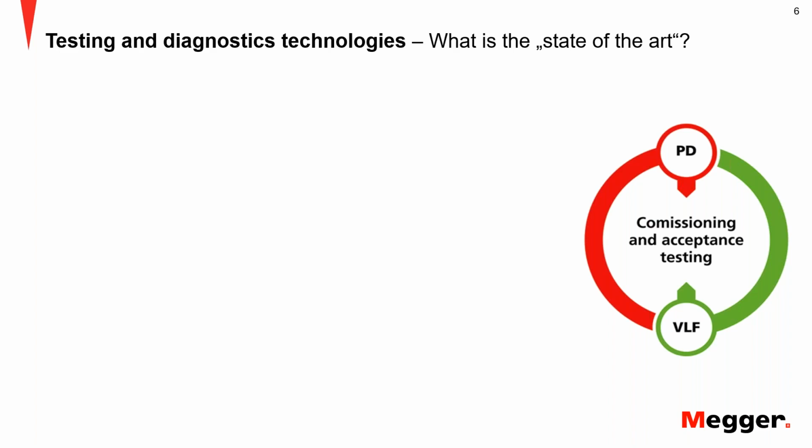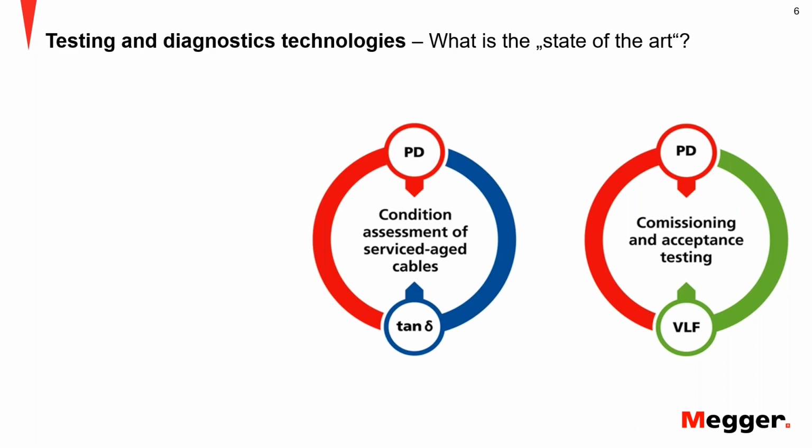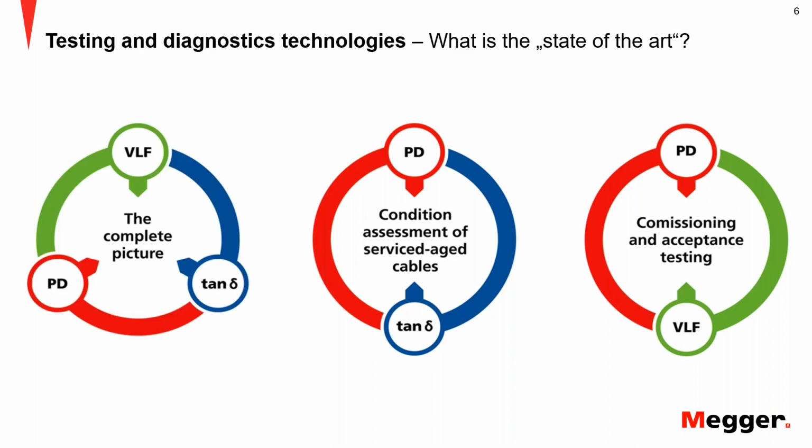Then you have another world, which is the world of service-aged cables. These cables have been in service for 5, 10, 20, 30, 40, or even more years, and they're definitely not new anymore. And then you have this modern philosophy view, the so-called state of the art, where you use these technologies that you are seeing here for the different types of cables, new cables and service-aged cables, and that is considered to be the complete picture.